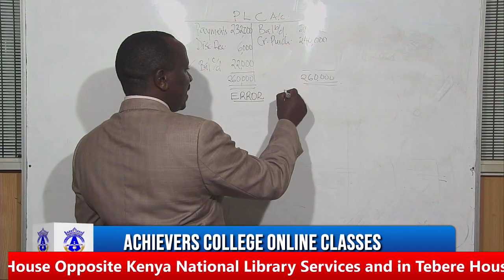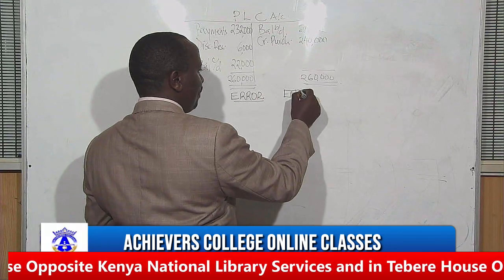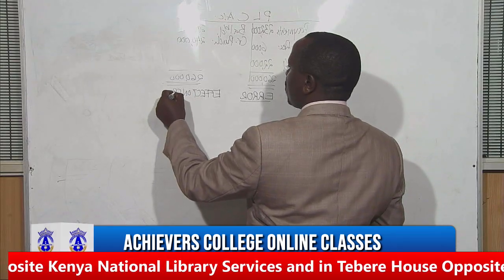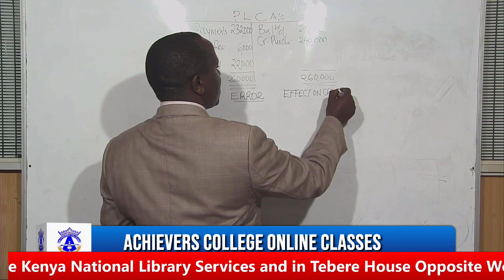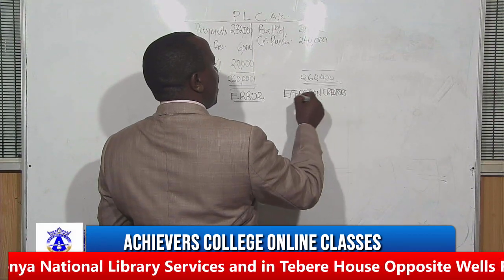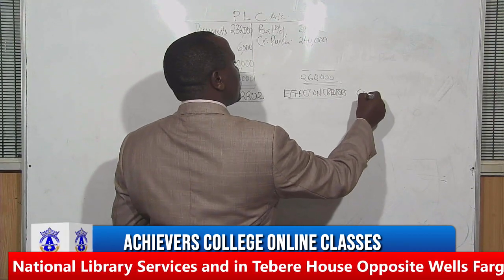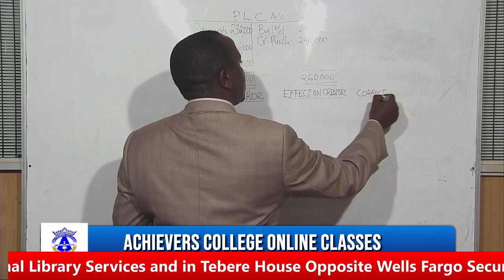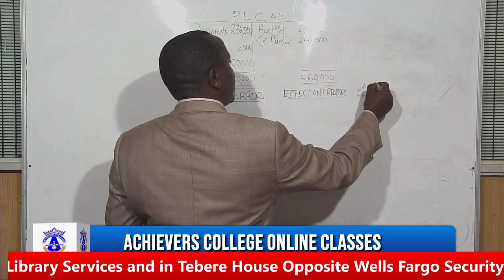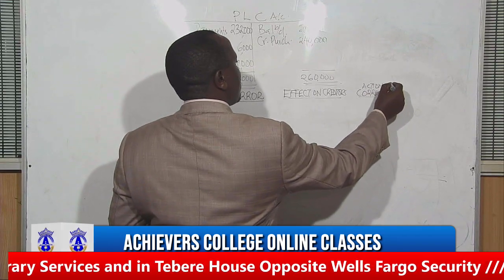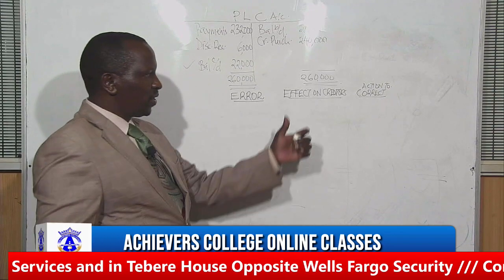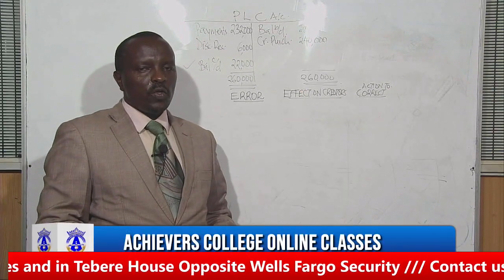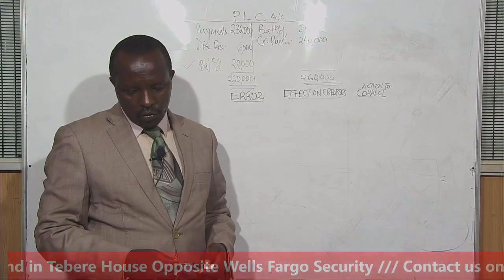You look at the effect on creditors, because we are dealing with creditors in this case. And after that, we ask ourselves, what is the action we need to do to correct it? Once you have a table like this one, it will be very easy for you to know how to do it.